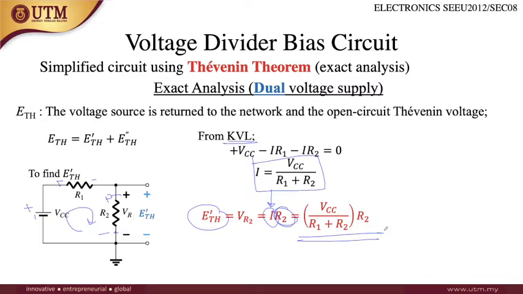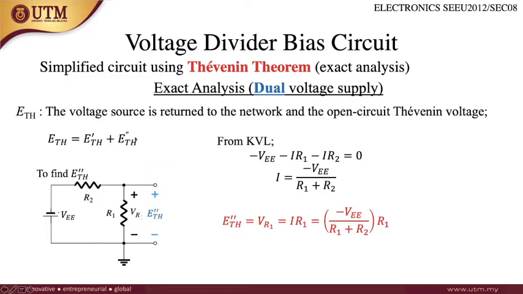Right? So next, you need to calculate E prime prime TH. For E prime prime TH, the voltage of VEE is minus, right? The voltage comes from the minus source polarity, if it is a battery.